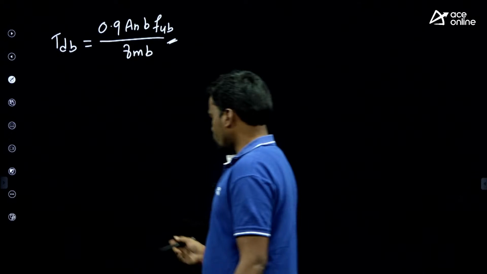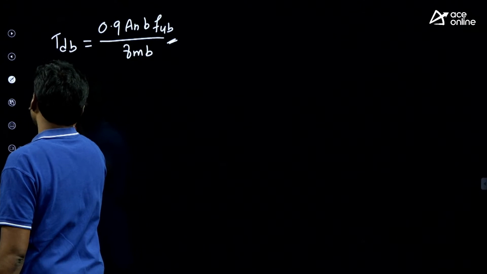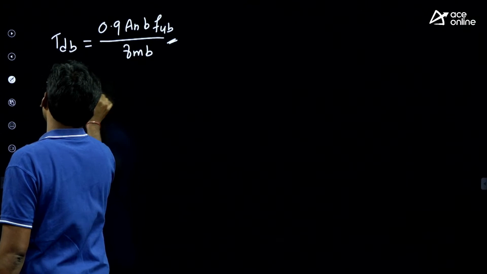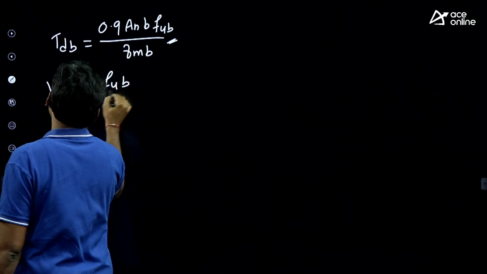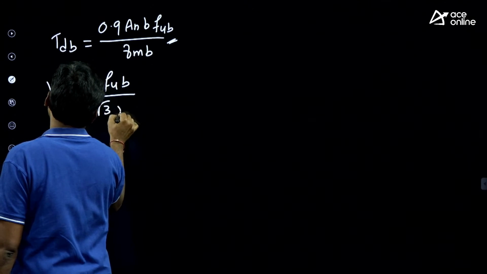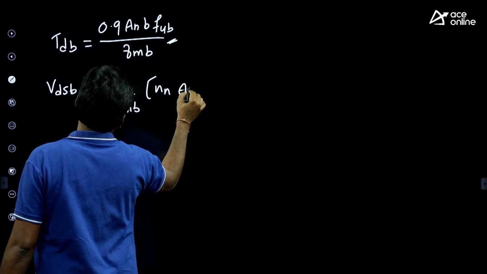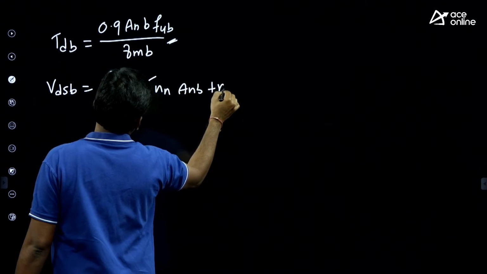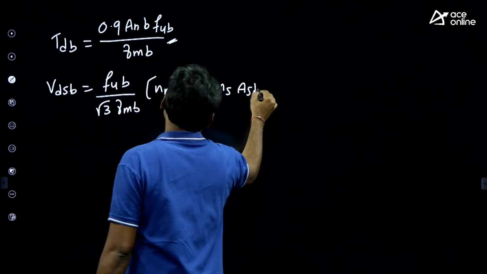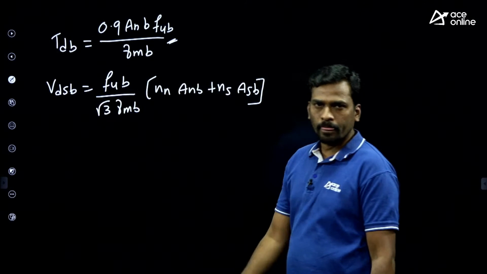Design shear strength of a bolt, that is VDSB equals FUB divided by √3 gamma MB times NN ANB plus NS ASB. Yes or no?